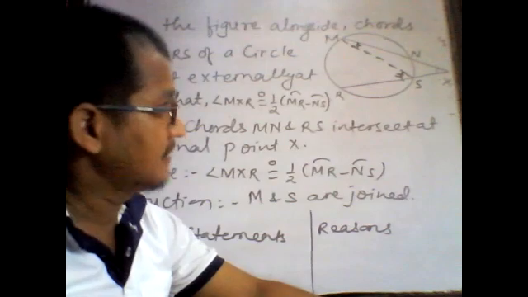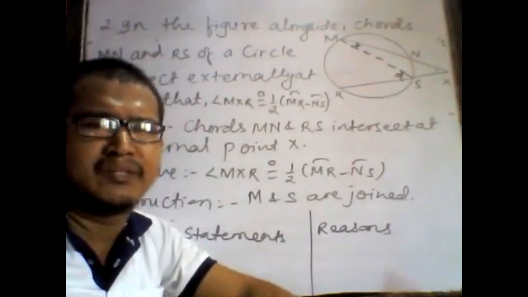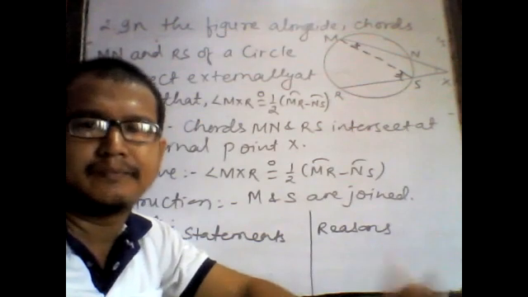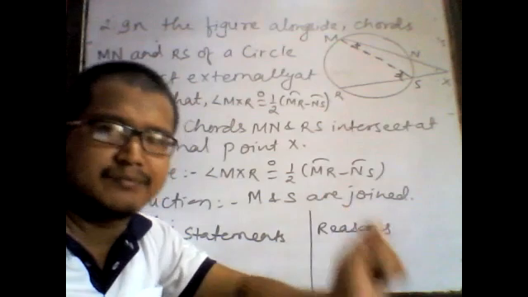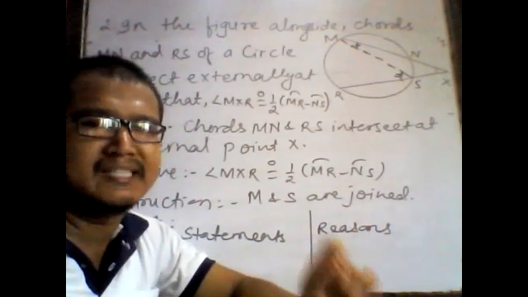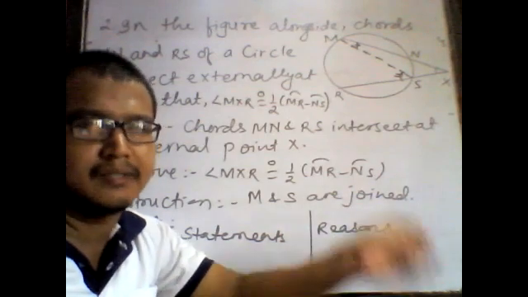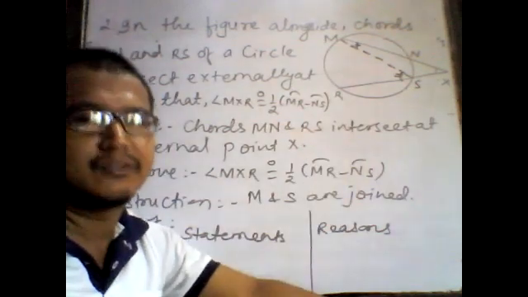These two angles are inside the triangle NXS, and this angle is the exterior angle. Remember one theorem related to exterior and interior angles: the exterior angle of a triangle is equal to the sum of the two opposite interior angles.